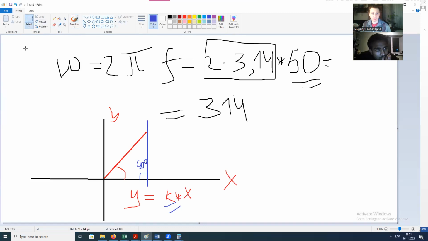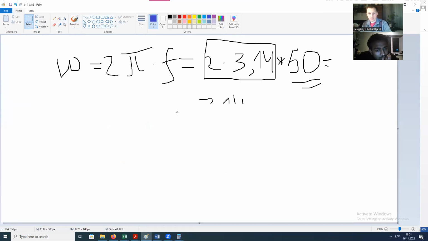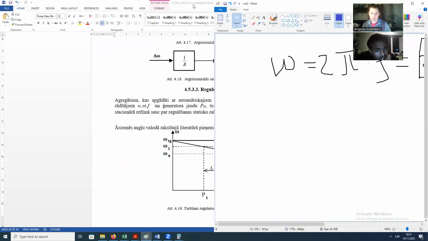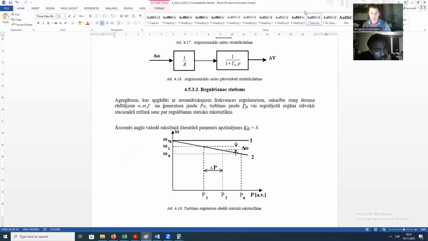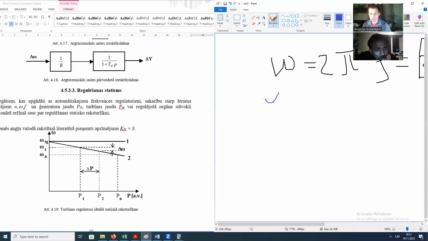So I can't delete this and explain using it. Okay, so if we have a reserve of 5%, it means that this regulator represents the value of 0.05. This unit from control theory, if we have a reserve of 5%, this one.